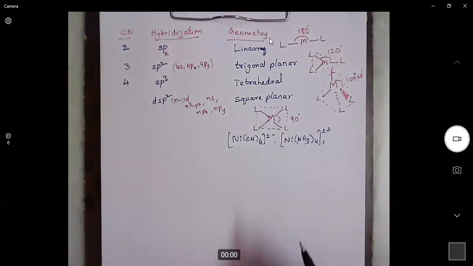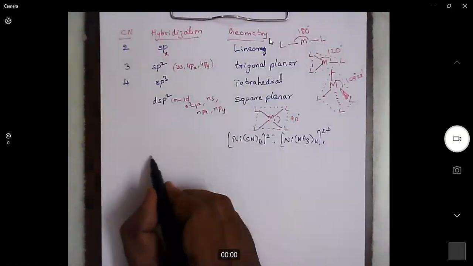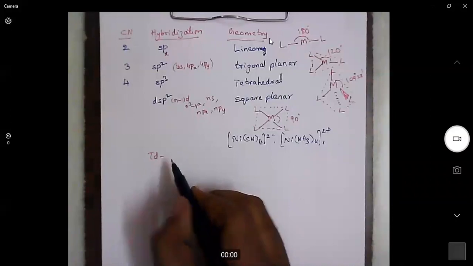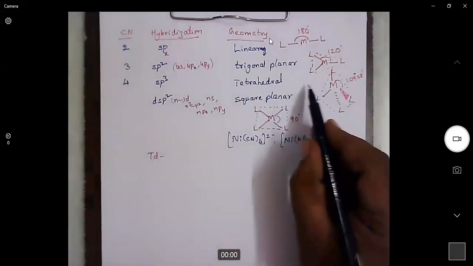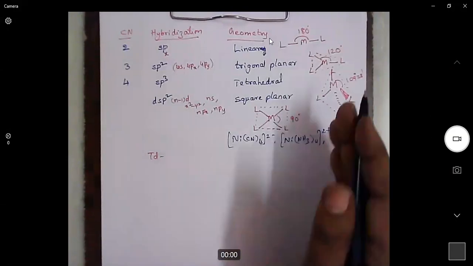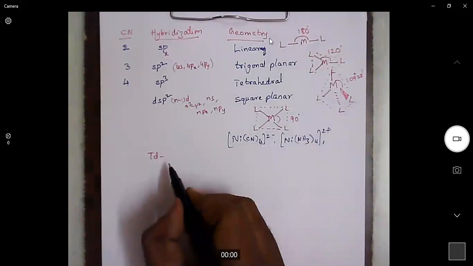For tetrahedral geometry, I'll write separately. If you have space here, you write them here, but don't disturb the table. All the examples must be written in the margin, okay? Don't disturb the table.